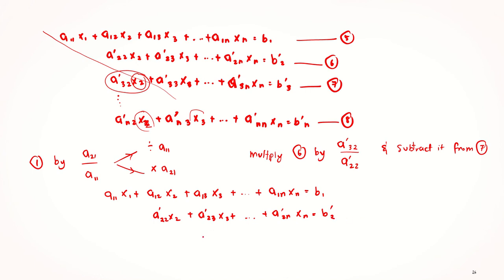And for the third equation, you will see that we start to have a double prime, where double prime represents an element that has been modified twice. So we have double prime here, double prime 3, and so on. If we have n equations, we will do it until the nth equation.